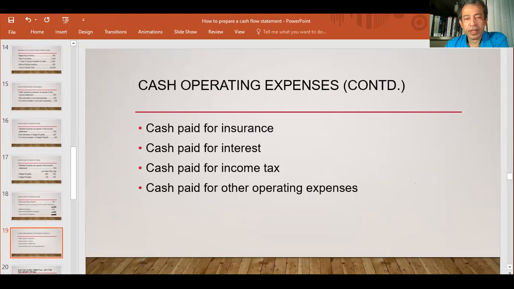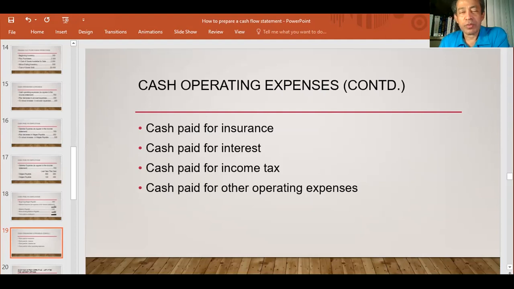All right. And we do the same for cash paid for insurance, interest, income taxes, and any other operating expense: utilities, legal fees, professional fees, rent, anything. Same way, accrual amount plus decrease in that item payable. So say insurance expense of $1,000 plus any decrease in insurance payable.